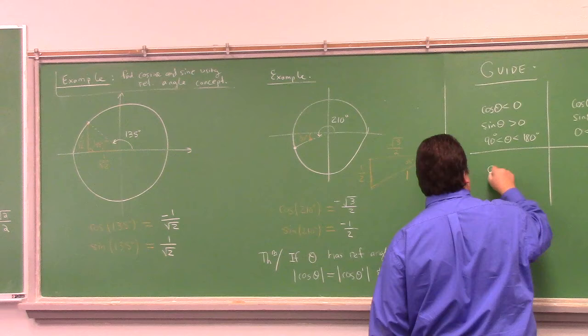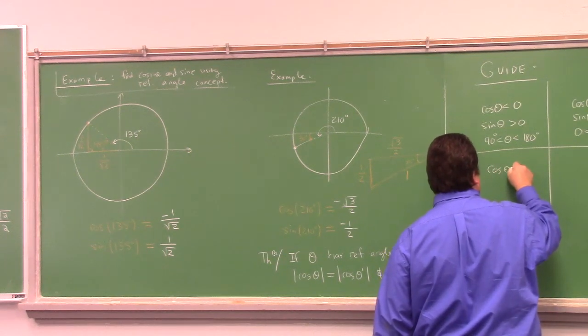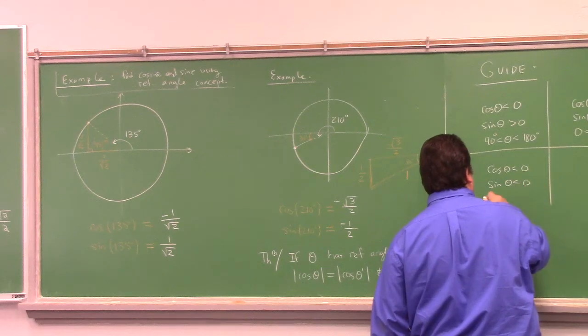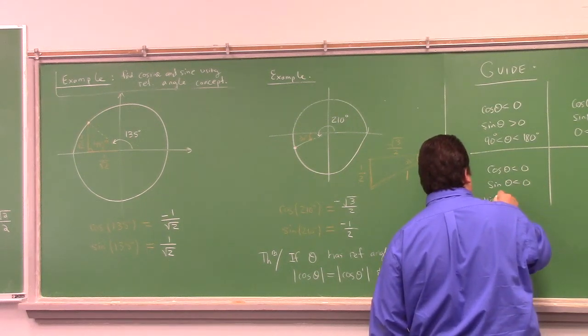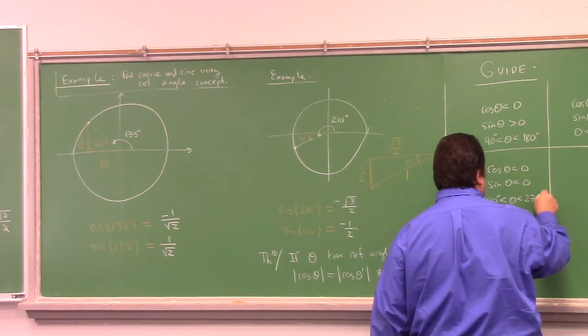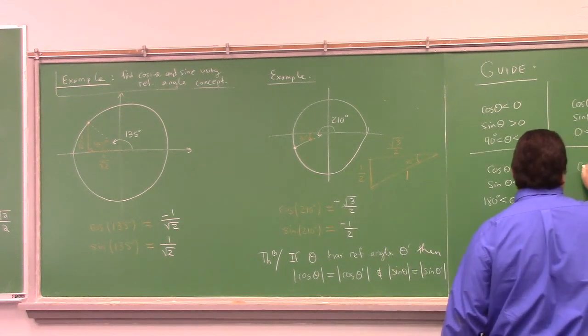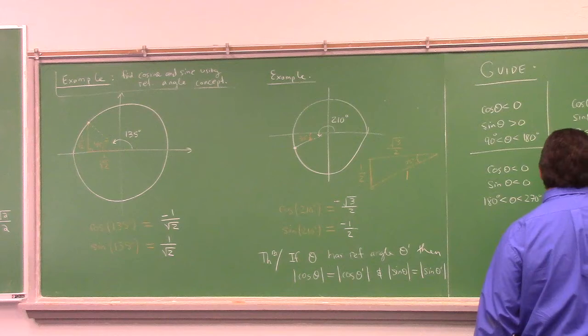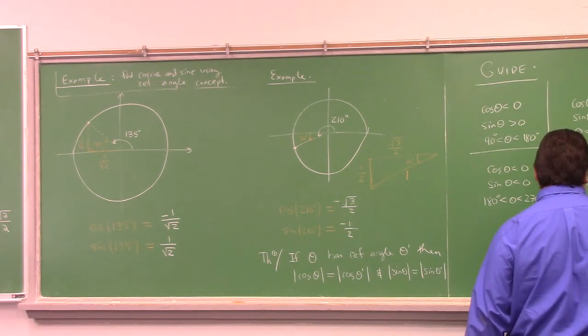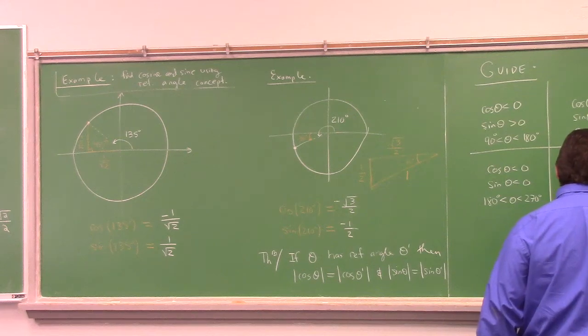Down here we've got cosine and sine both negative. That's for 180 degrees all the way up to 270 degrees, not included, right? And in quadrant 4, we've got cosine positive, sine negative, and that's for 270 to 360.